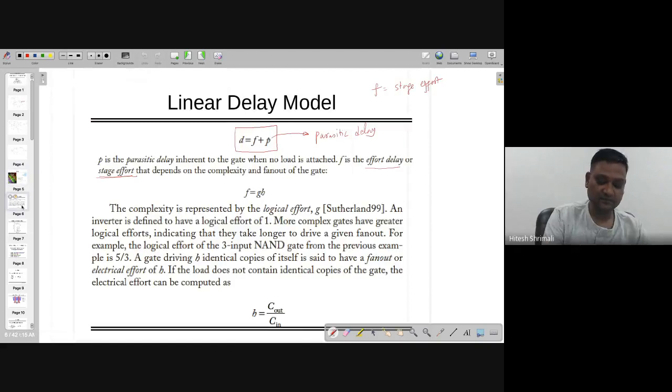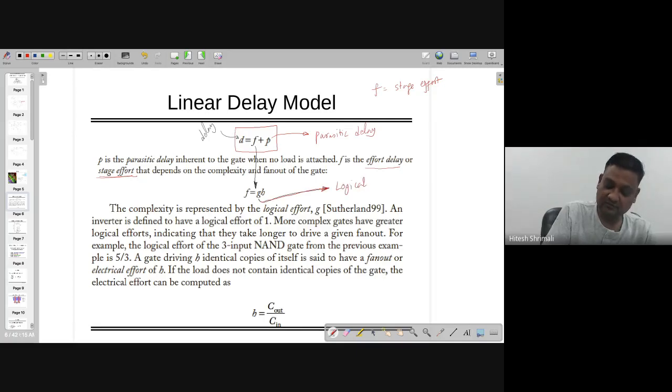Okay, so we understood that D, the delay of the entire circuit, is equal to F plus P, where F is the stage effort and P is the parasitic delay. Now going inside, F is nothing but G times H, where G is the logical effort and H is the electrical effort.